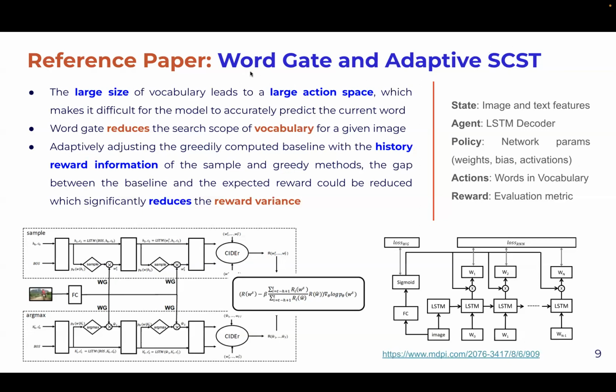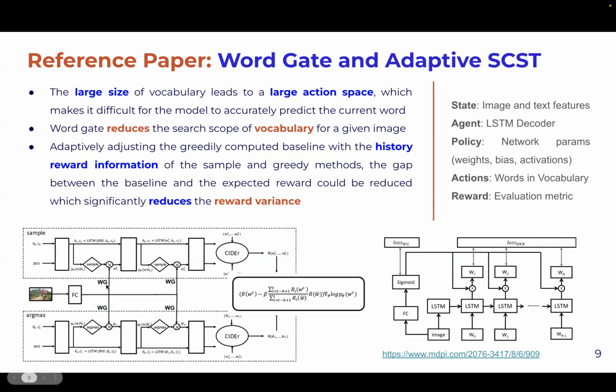They tried to improve it by adding a word gate and adaptiveness to the SCST algorithm. This was the architecture that they showed, and I was able to implement this word gate on the architecture that I had shown previously.